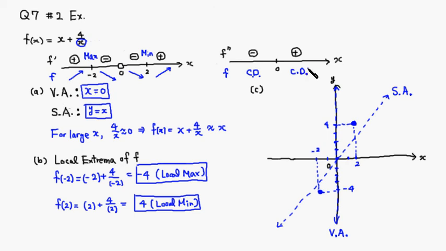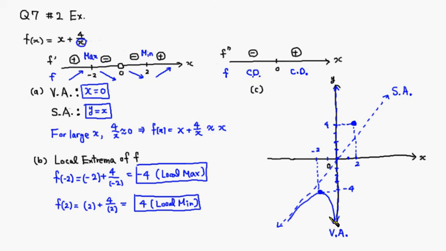Then we do our best to try to draw a picture. So we have a slant asymptote here, and a vertical asymptote there.